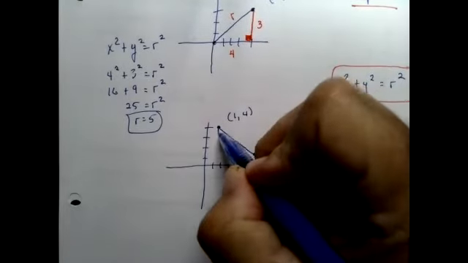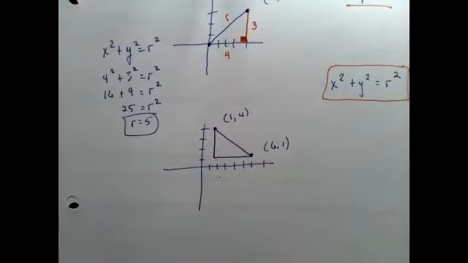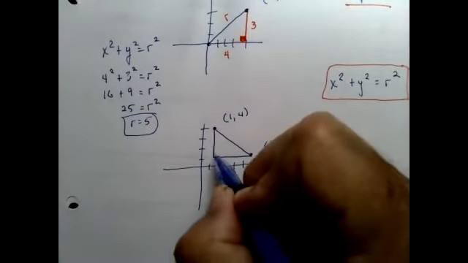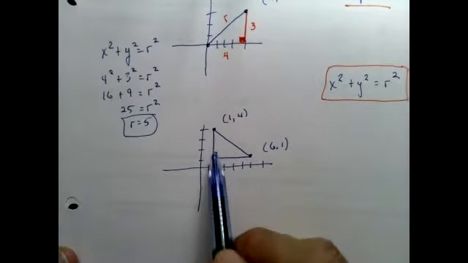And let's see if I draw the triangle here. It's not really on the axes. It's sort of floating up there. But what is the length here?